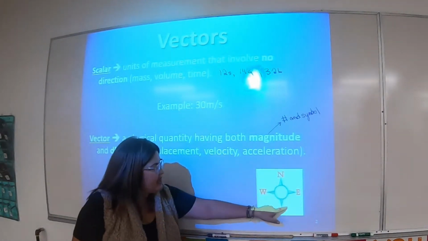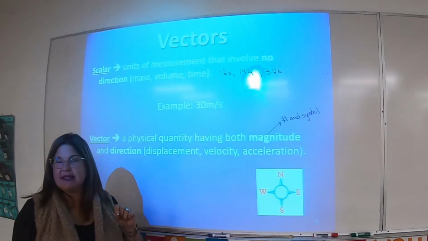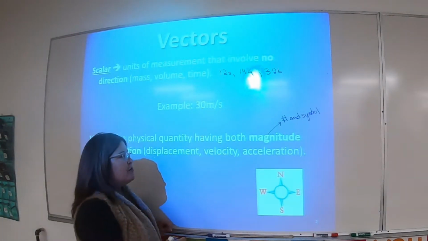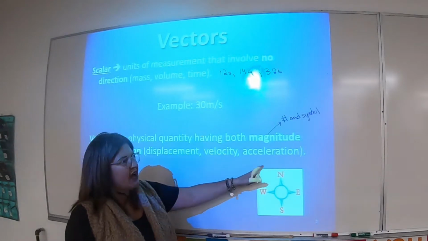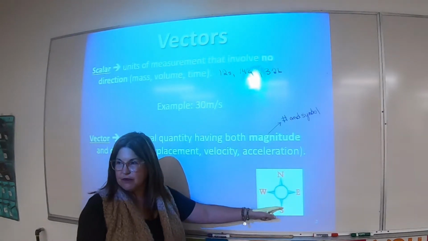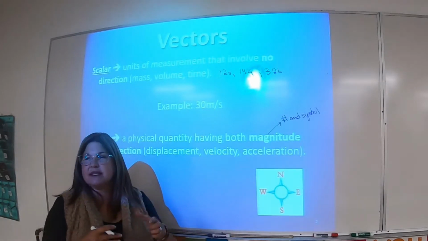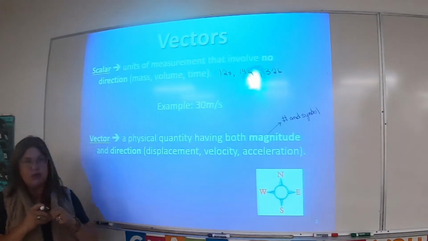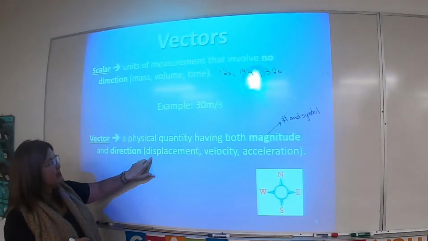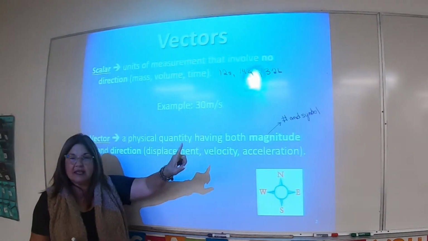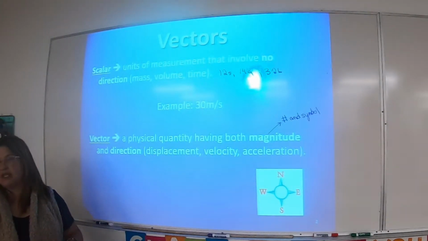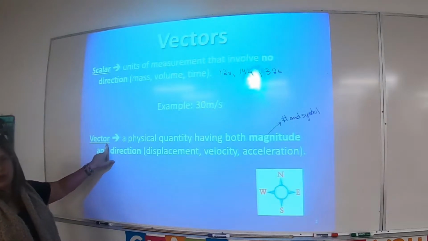We think of it as a compass, but these are the coordinates: north, south, east, and west. Those are the coordinates that we are always going to use here. So displacement, velocity, and actually acceleration are vector quantities.